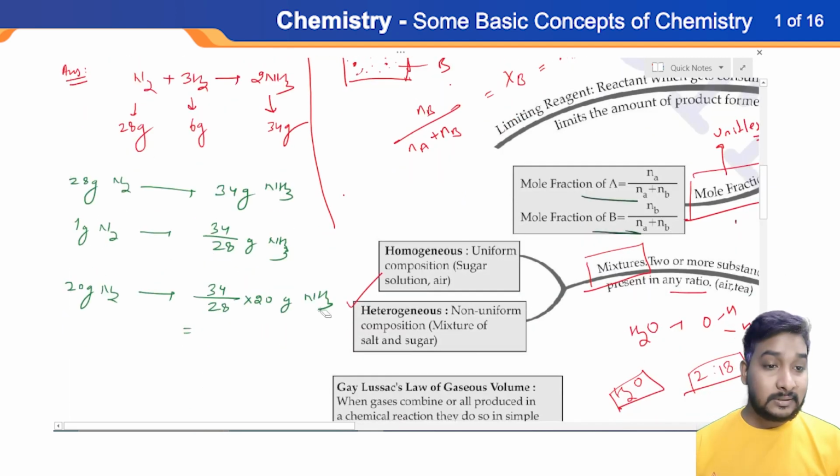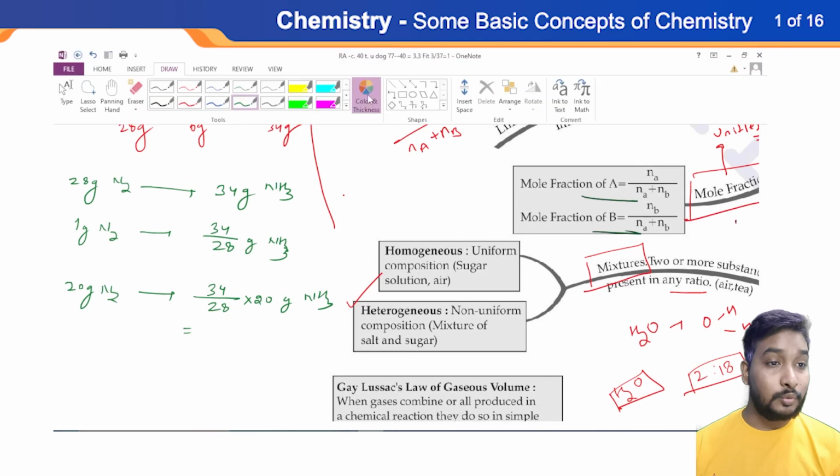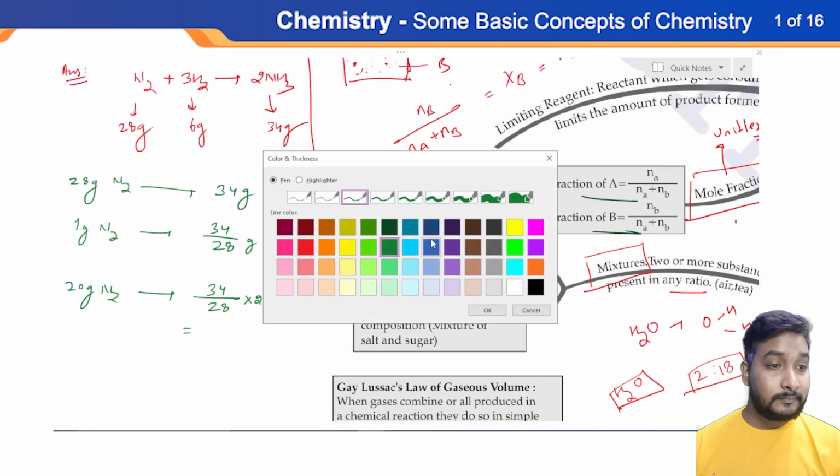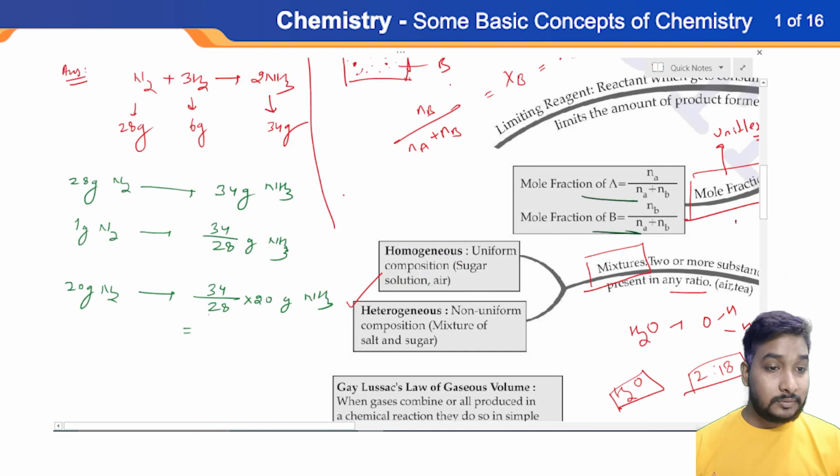Let me solve this. You can cut this with the table of 2. So 2 ones are 2, 2 fours are 8, 2 tens are 20, so 34 into 5 upon 7.